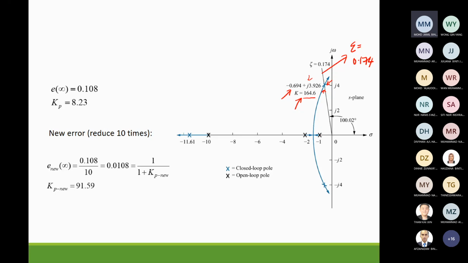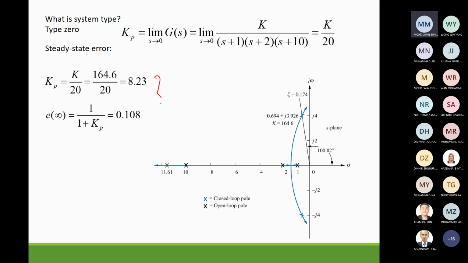So you are given this and you can calculate the steady state error using the formula that we have learned in lecture 4B. This value has been calculated from the previous example, and a similar calculation applies to this second example.